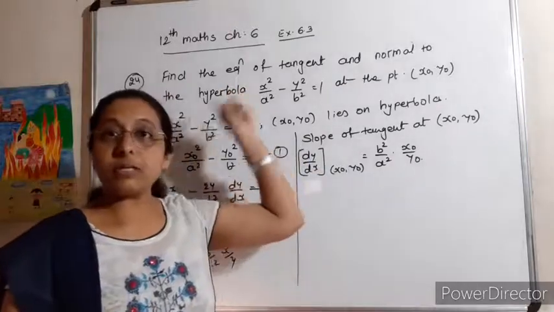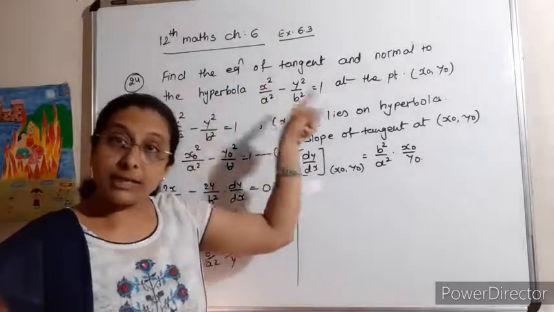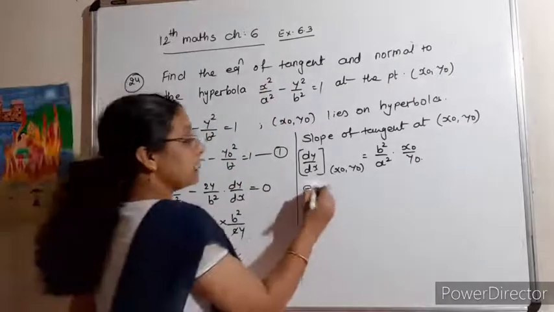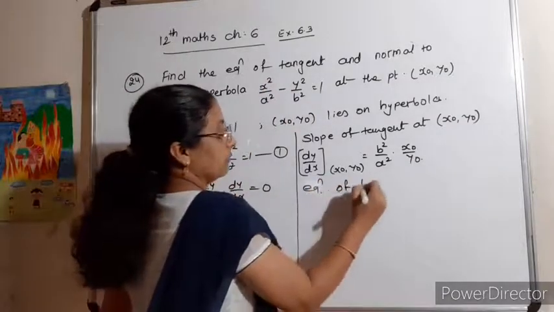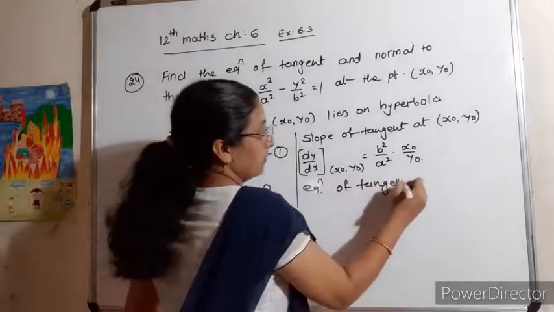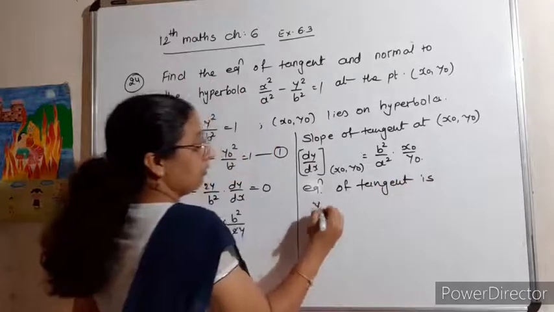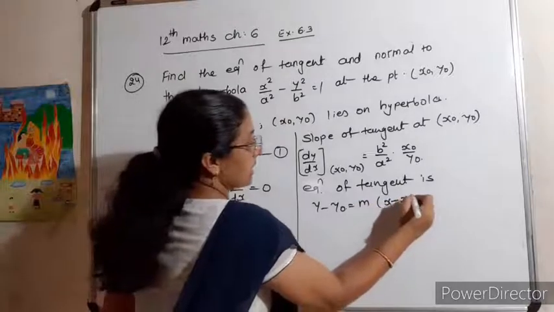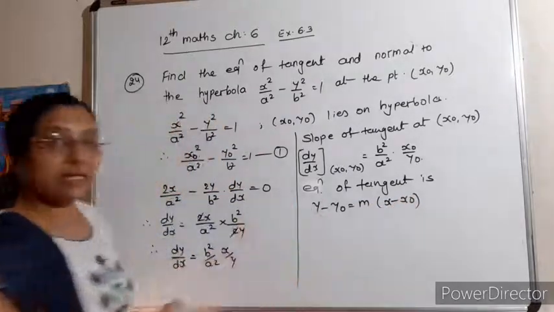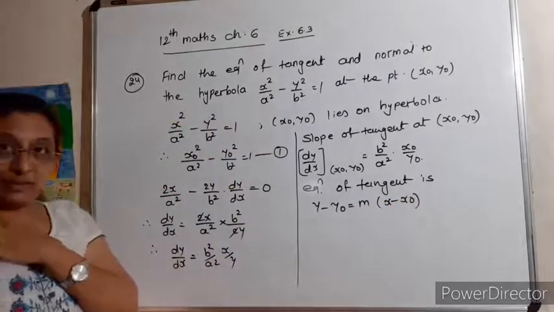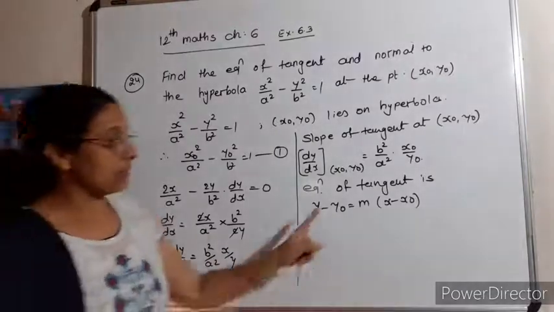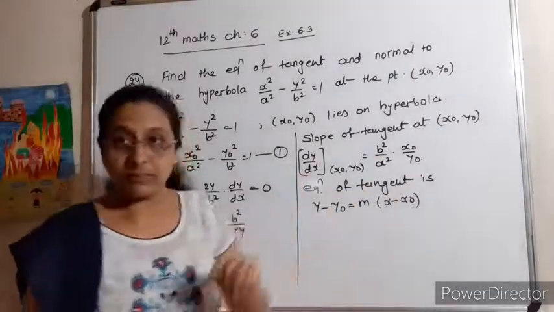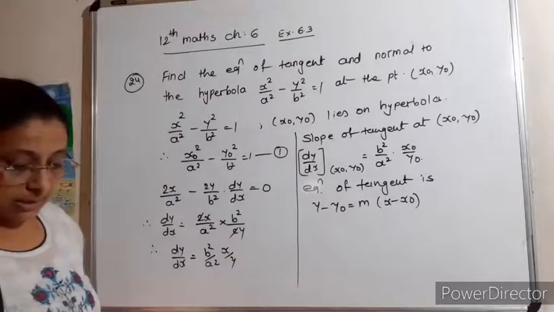Now you want to find the equation of the tangent. The equation of tangent is y minus y0 equals m times x minus x0. So y minus y0 remains the same, right? Because the point is given. This x0, y0 is the point. Or you can say x1, y1 is the point.